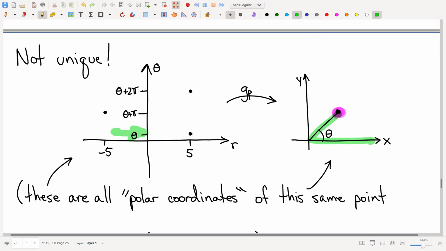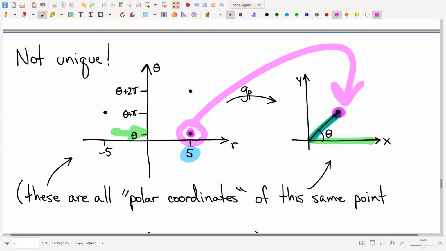It looks like about pi over 3 or something. Pi over 3.5 maybe. So again, tempting to, at a glance, say that must be the theta that gets me to that point. And then if I go in that direction by a distance of, apparently 5, as I have this drawn, you would think, okay, well, then these must be the polar coordinates for that point.